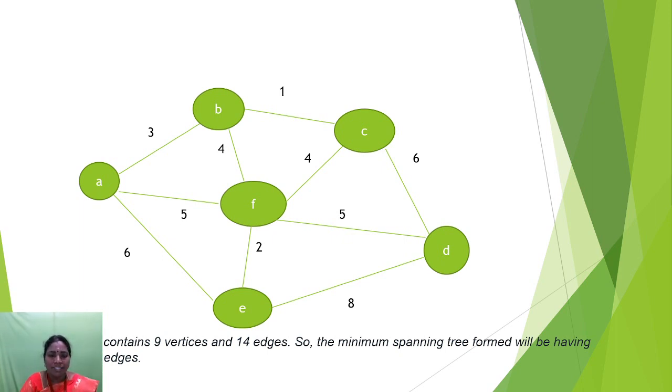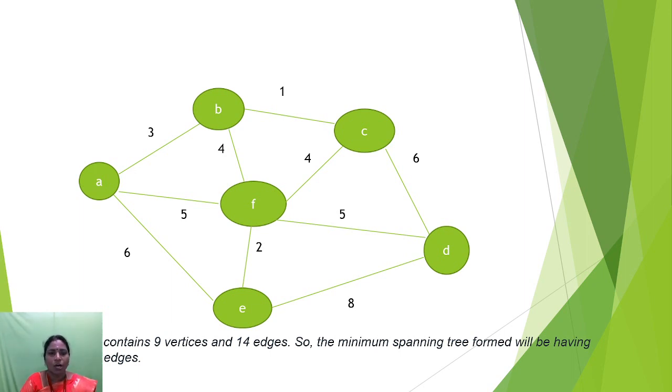What are vertices? A, B, C, D, E, F: these nodes are called vertices. What are edges? When we use a line between A to B, that is called an edge. And what are weightages? 3, 1, 4, 5, 2, 6, 8.